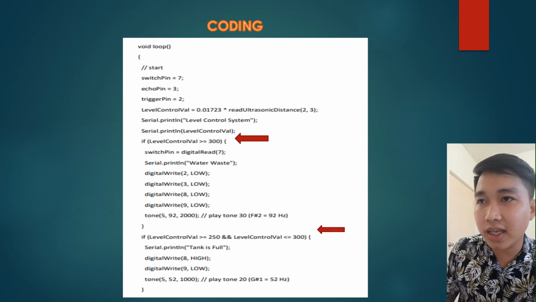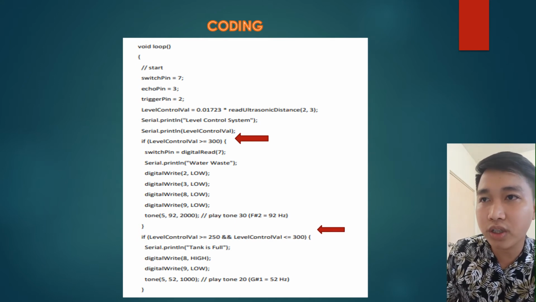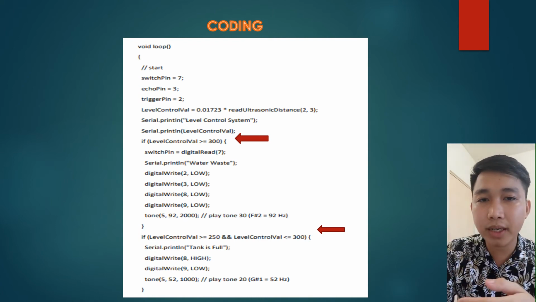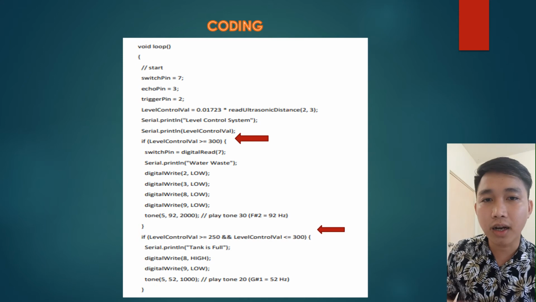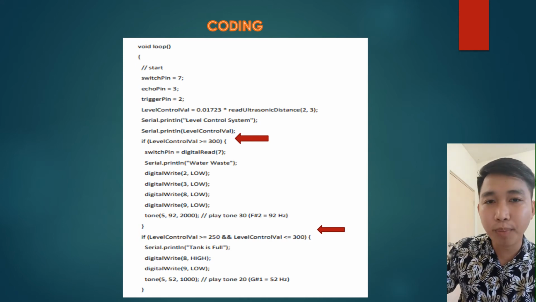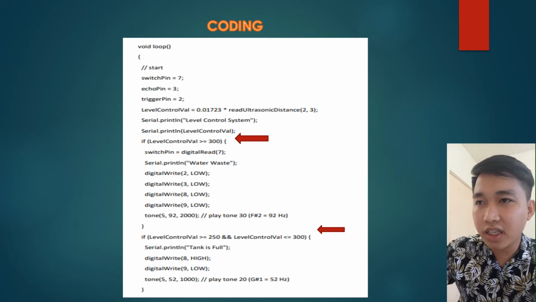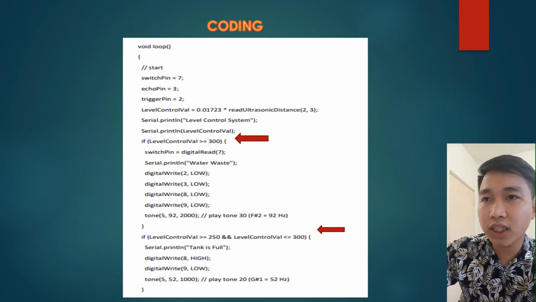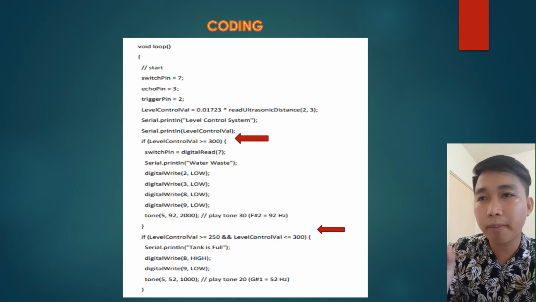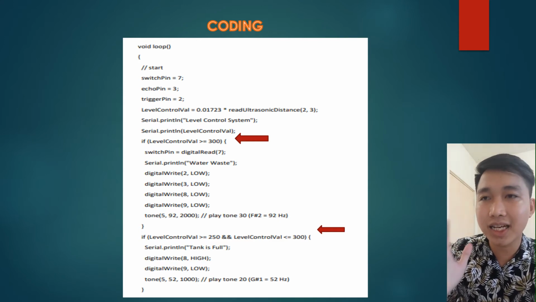We can see here digital write 2 low, digital 3 low, and until 9 is written low, meaning all the pins are output but switched off, and the tone will beep. We can see the tone here, play tone 30, meaning the buzzer will ping with 30 Hz.